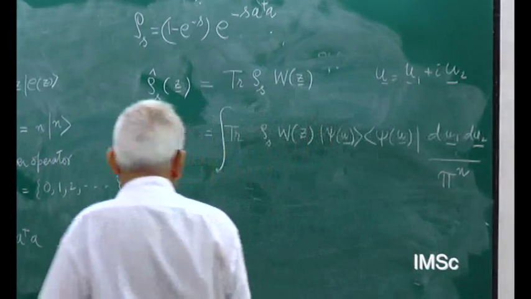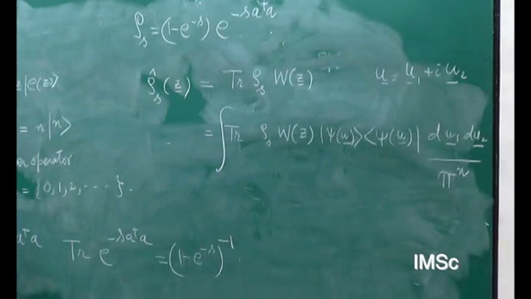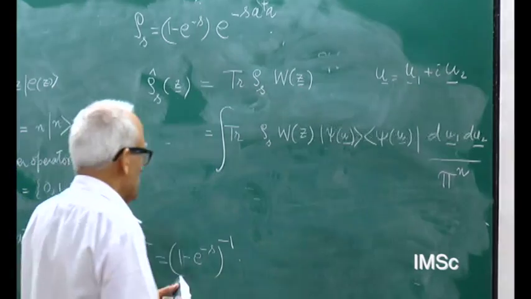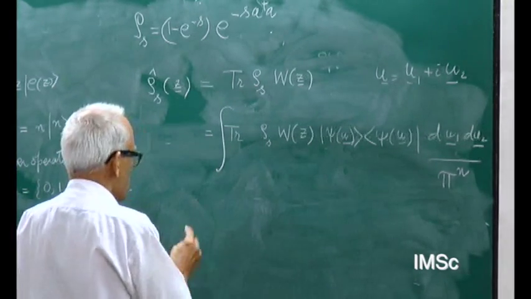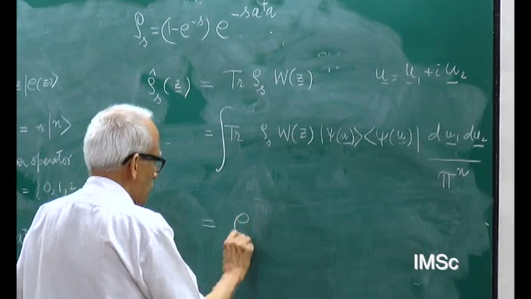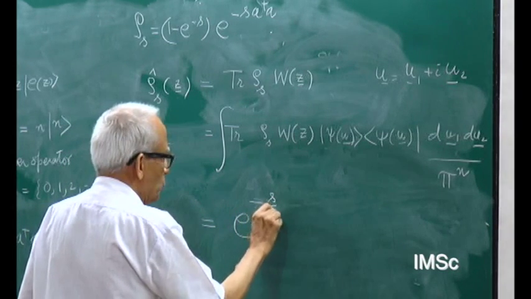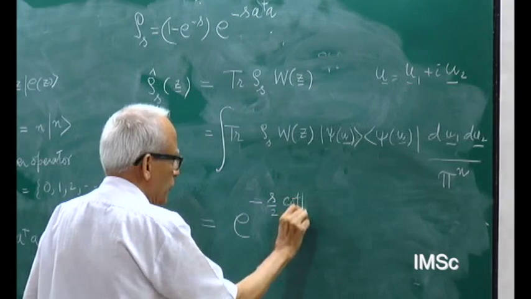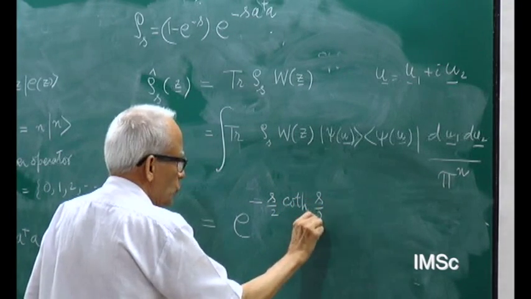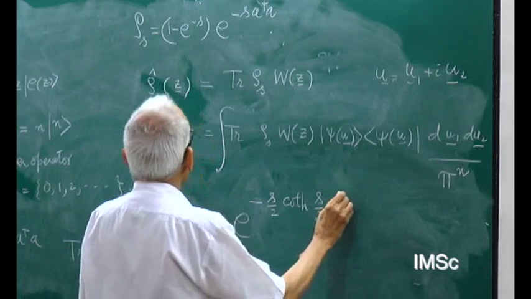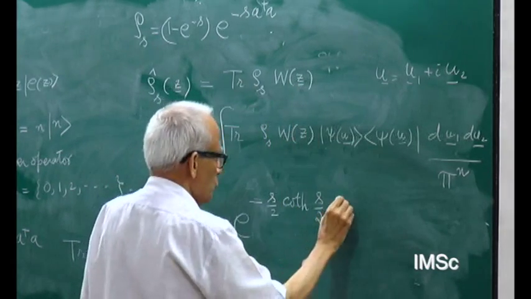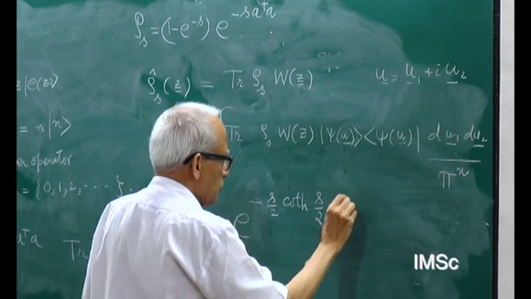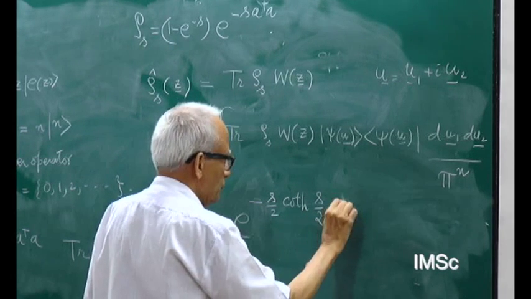And after doing all the calculations, that is a very, very nice exercise on this subject of harmonic oscillators. And this is equal to e to the power minus (s by 2) coth (s by 2) into, z is here, so you will have the modulus of x squared plus y squared.